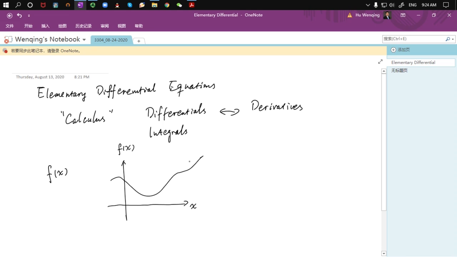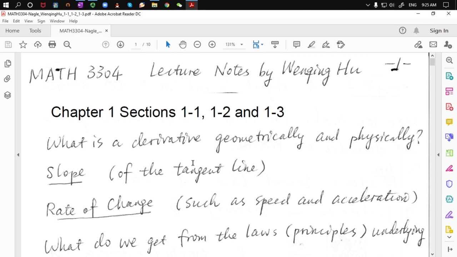If you take a point x, what's the derivative f prime of x? In order to get f prime of x, you just have to draw a tangent line at point x, tangent to the graph of this function. The slope of this tangent line is going to be called f prime of x. So the derivative is actually a slope.